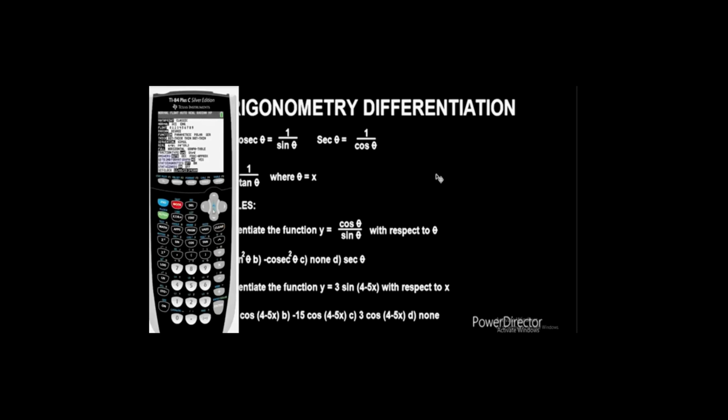Alright, then you go down using this navigation button to radian. At the right you see degree. If yours is on degree, switch it to radian by pressing the left arrow key. Okay, once you do it, you press enter. Alright, and it will change to radian.